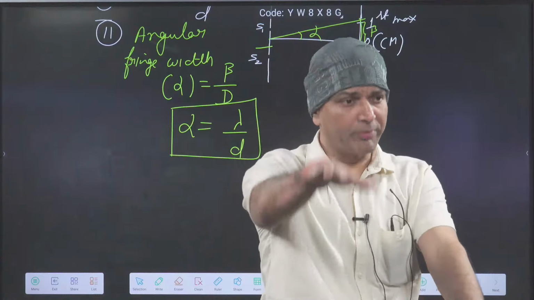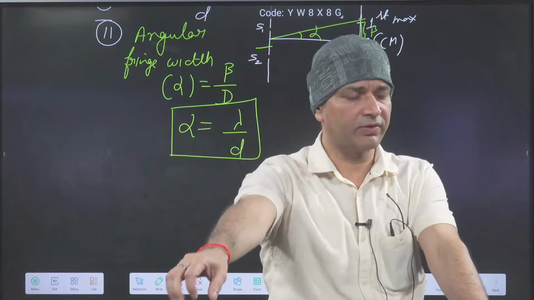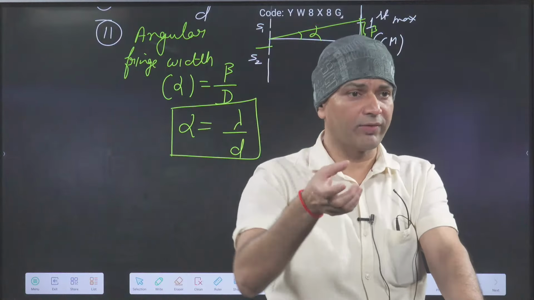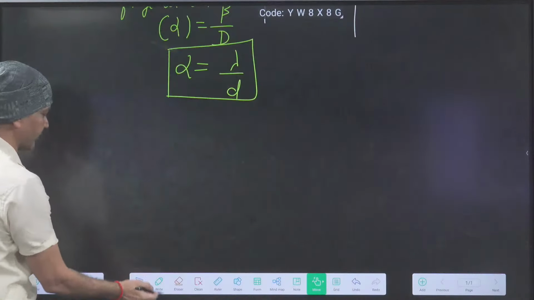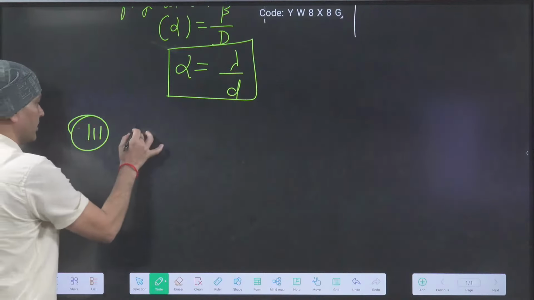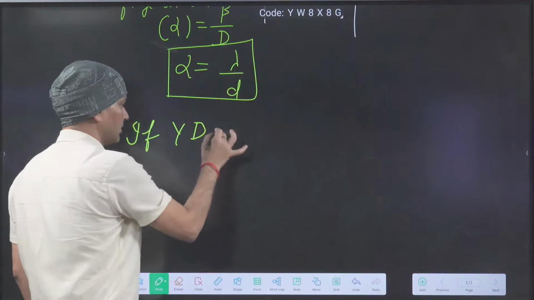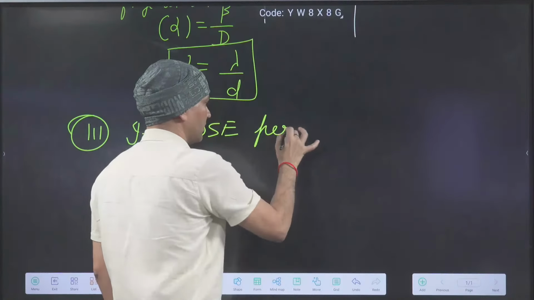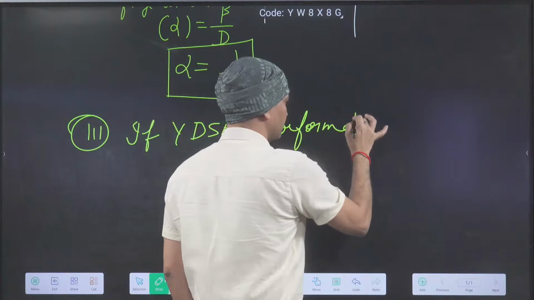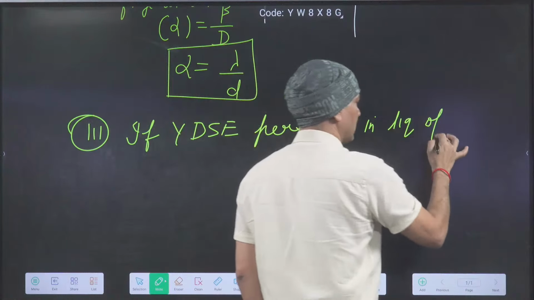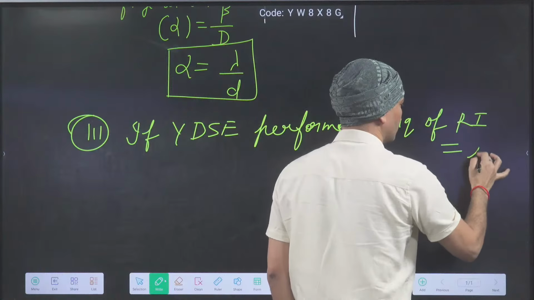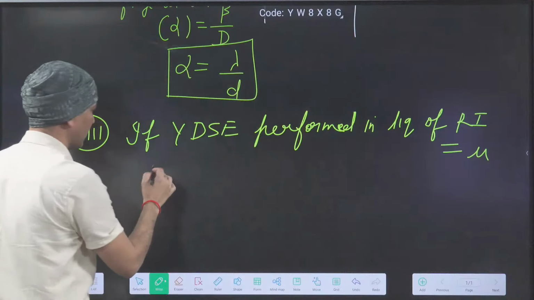But in the liquid of refractive index mu, the wavelength of the light becomes lambda by mu. The rest will be the same.